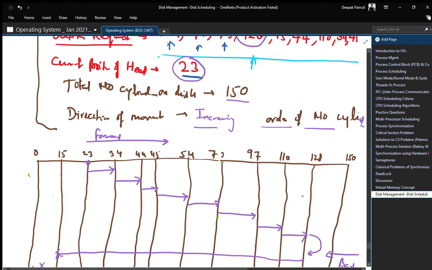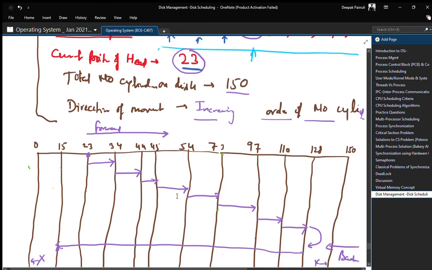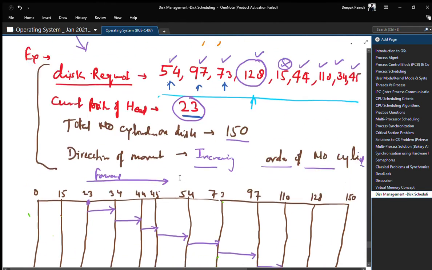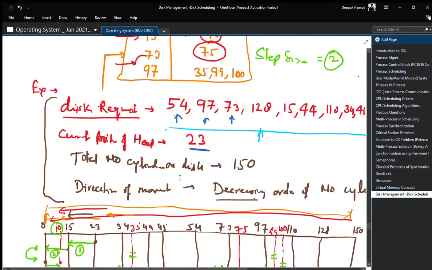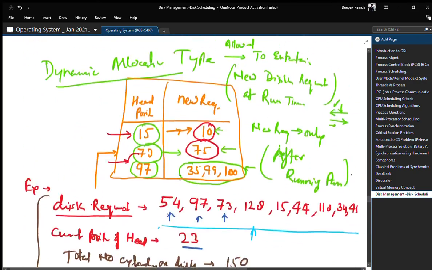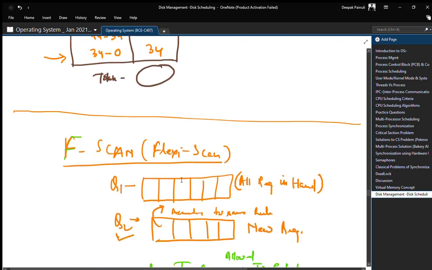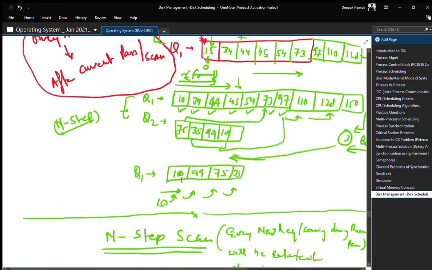That's why we will cover the request of cylinder number 15 at the next pass only, right? I think you understood it, and you can calculate its total head movement using previous examples which we have done in previous algorithms, like head movement and total head count. You can do it by yourself.